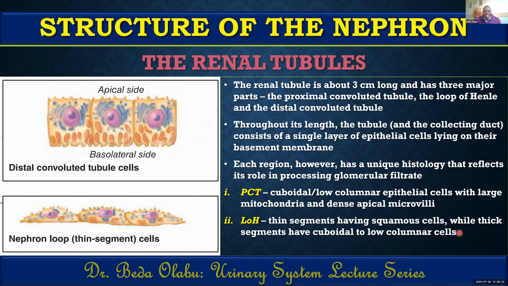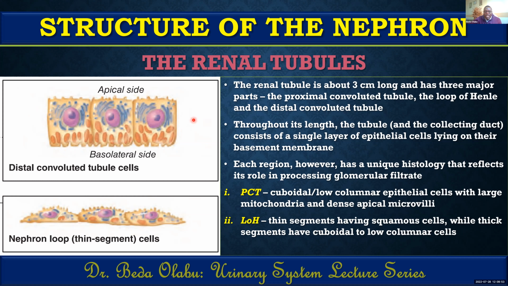So the thick segment next to the proximal convoluted tubule, the thick descending segment, has the same structure. The thick ascending segment near the DCT also has a similar structure to that of the DCT.